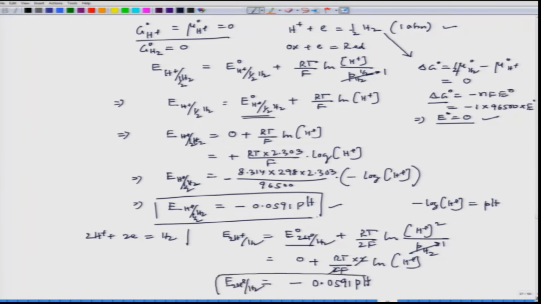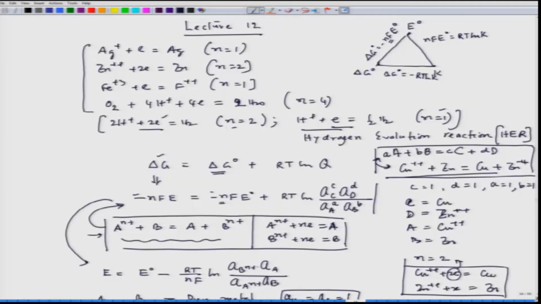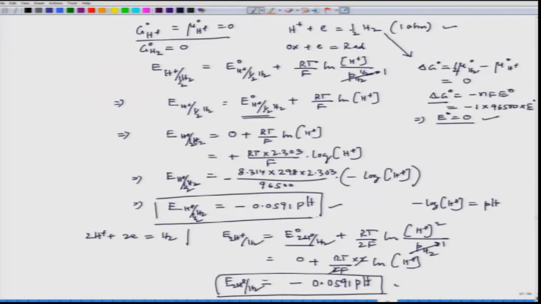So both equations are the same. Both reactions have the same electrochemical potential, and their slopes are also the same.